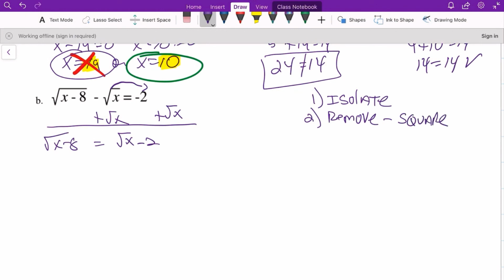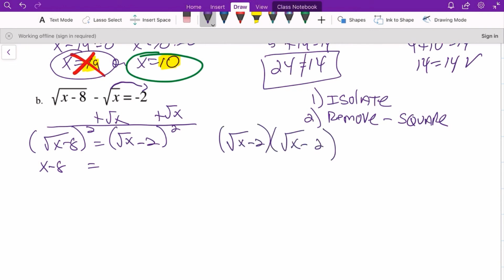So if I square both sides here, make sure you square the entire right side. So when I square the left side, we're going to wind up with just x minus 8. And when I square the right side, again, I have the square root of x minus 2 times the square root of x minus 2. So again, we have to multiply all those terms out.